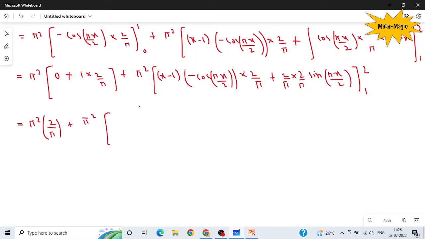Now when we put 2, it's 2 minus 1, that's 1, and cos π is minus 1, so this turns out to be plus 1 into 2/π. Plus, if we put x equal to 2, sin π is 0, so it's 0, minus, let's put the lower limit. When we put x equal to 1, the first term turns out to be 0, then minus the second term: sin 90° is 1, so we get 4/π².